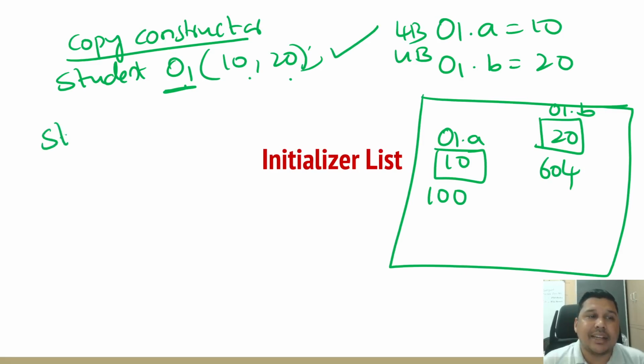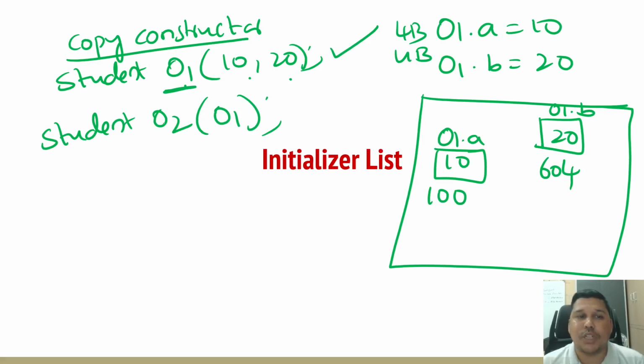Now I am creating another object O2 and writing O1 here. What is the meaning of this? This is nothing but the copy constructor.